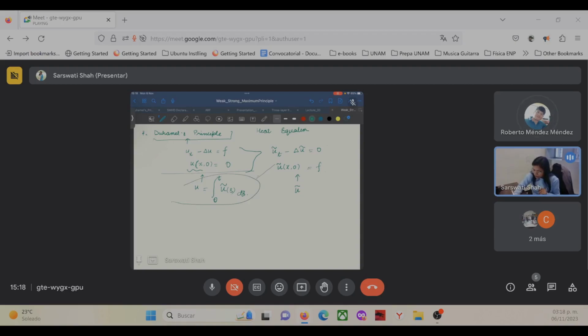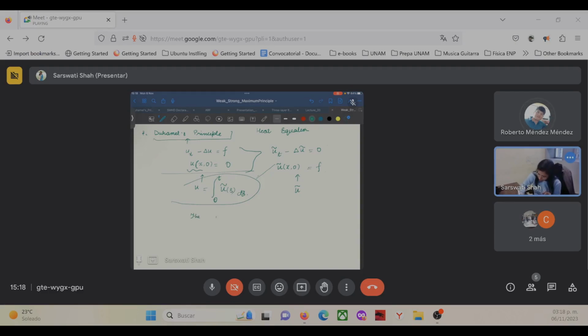So u tilde is the solution of this equation and u is the solution of the other, so there is a relation between u and u tilde. In every book, the main idea behind writing the Duhamel's principle is that the integral of the solution of a homogeneous equation is the solution of the non-homogeneous equation.